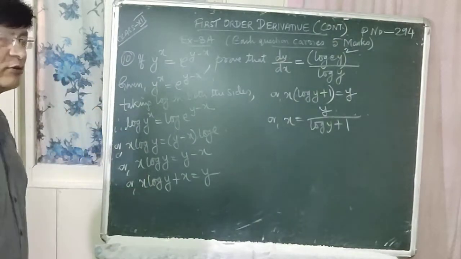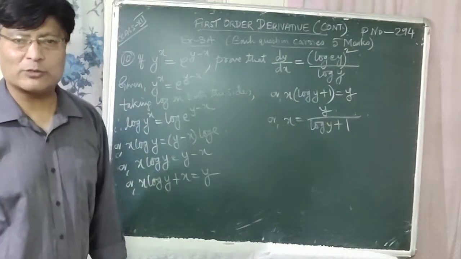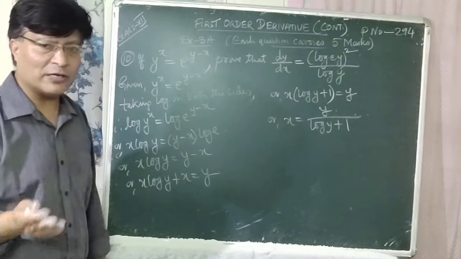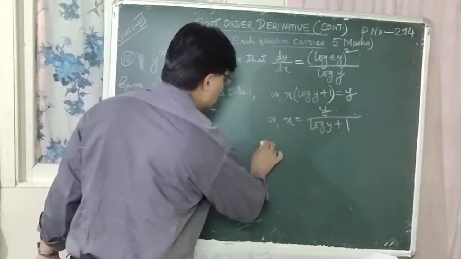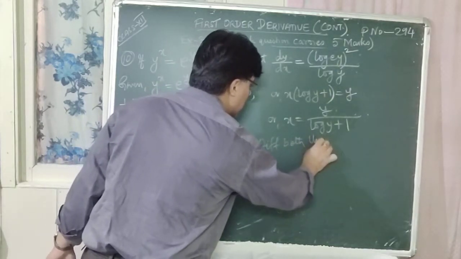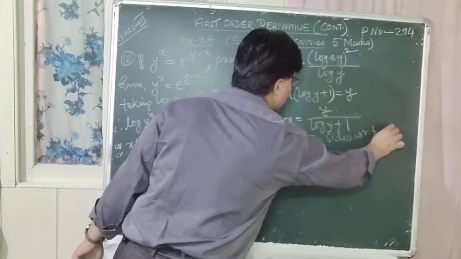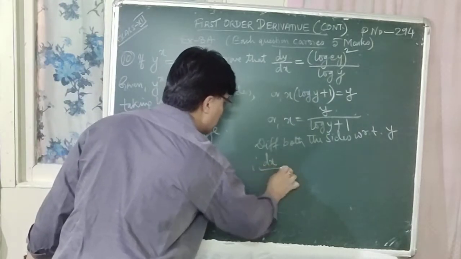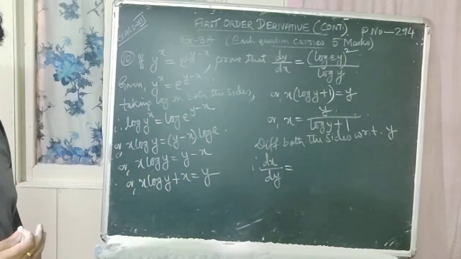Now let us find the value of dx by dy. That means you differentiate both the sides with respect to y. You first find dx by dy, simplify it, and then by inverting both the sides, you can get the value of dy by dx. Okay? So differentiating both the sides with respect to y, right? So therefore dx by dy is equal to, which rule is used? U by v, isn't it?